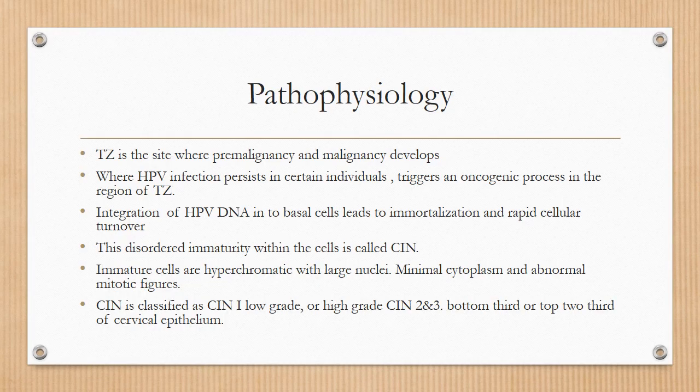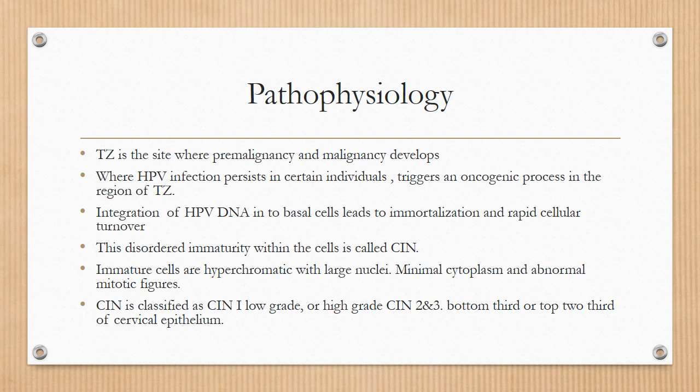Then again, pathophysiology. The transformation zone is the site where premalignancy and malignancy develop, where HPV infection persists in certain individuals. It triggers an oncogenic process in the region of the transformation zone, and integration of human papilloma virus DNA into the basal cells leads to immortalization and rapid cellular turnover.